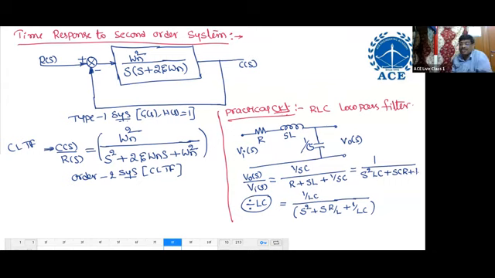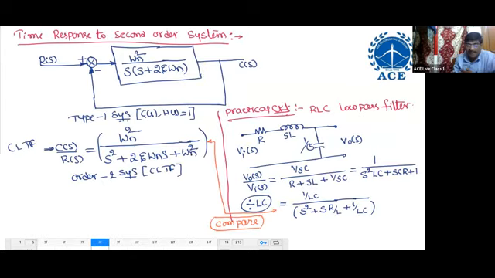Now compare these two. Both are the same, right? If you compare it, what is omega n?